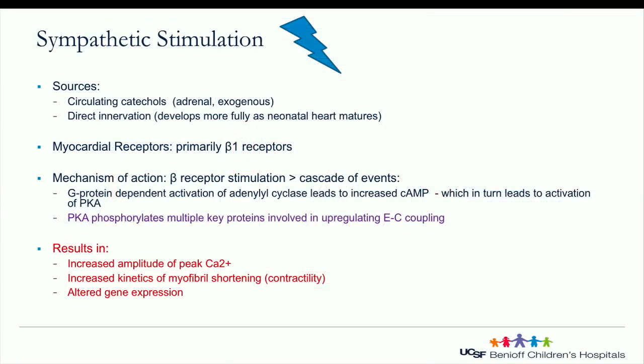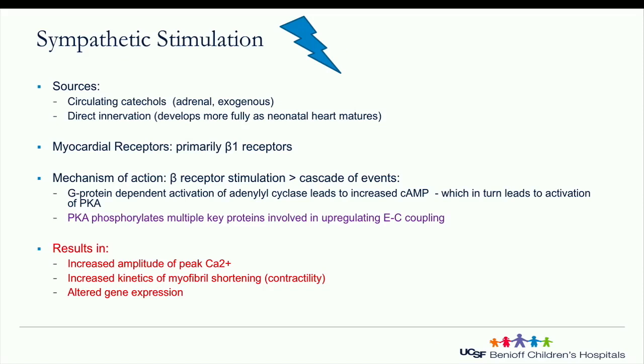Another important modulator of excitation-contraction coupling and contractility is the sympathetic nervous system. Via activation of the cardiac beta adrenergic receptors, sympathetic input is going to affect many of the key proteins in excitation-contraction coupling.